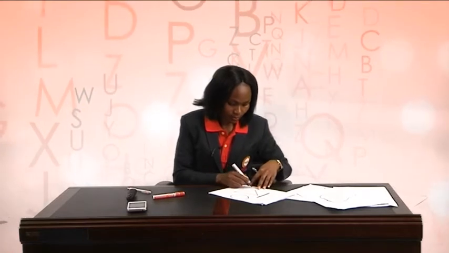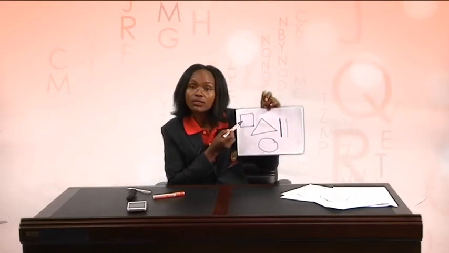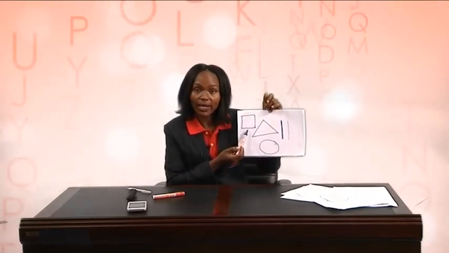And then we have square. Square is like this. All the sides are equal and it has 4 corners. This is square. Square shape.